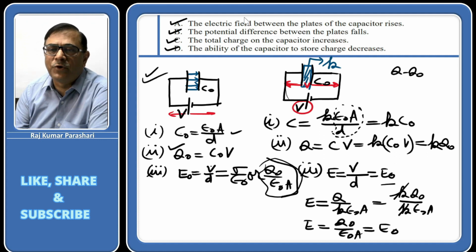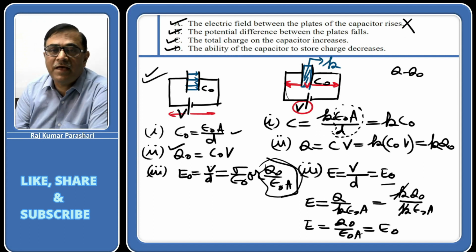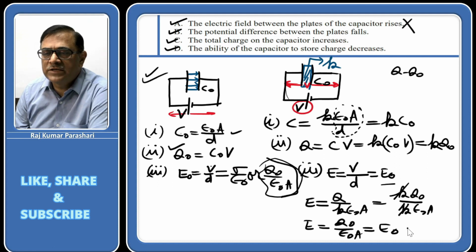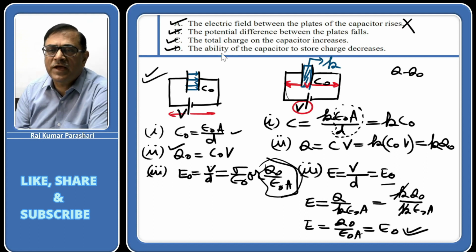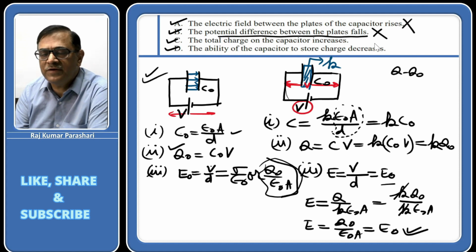Now see these 4 points. The electric field between the plates of the capacitor rises. This is false, as we have seen that the value of electric field remains unchanged. The second point, the potential difference between the plates falls. This is again an incorrect statement, and the reason being the potential difference between the plates is maintained by this battery.